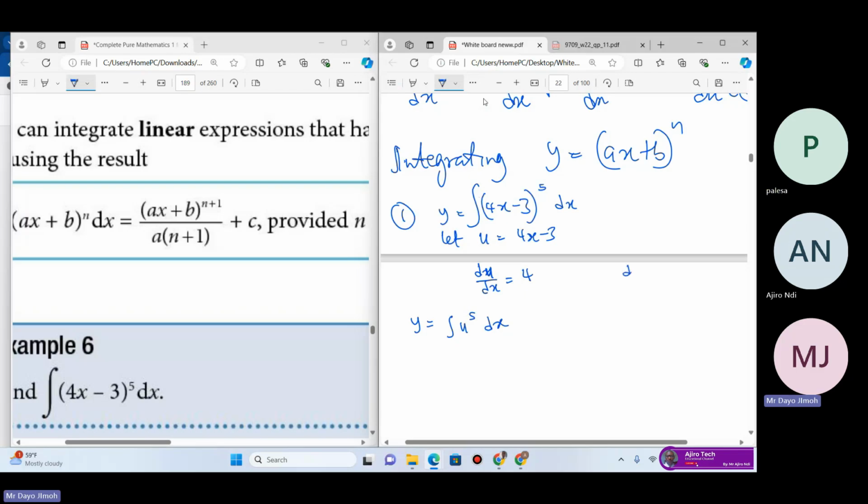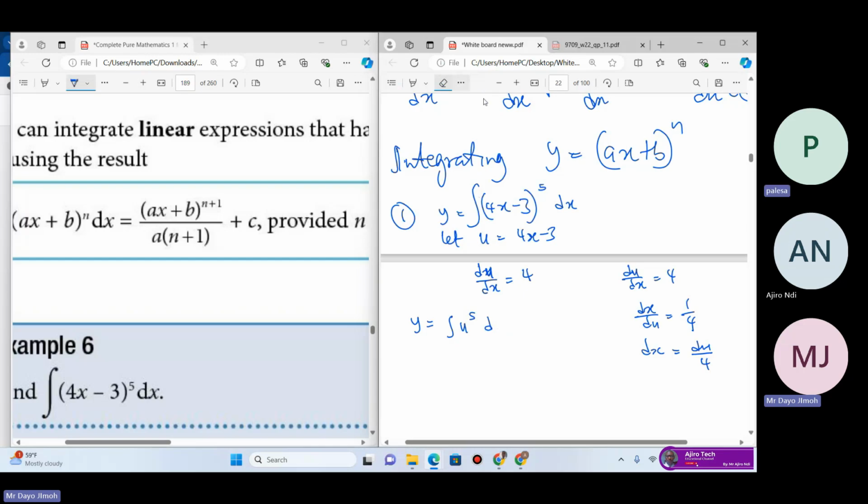If du/dx is 4, I can multiply: dx/du is 1 over 4. So dx is now equal to du over 4. Do you agree with that?